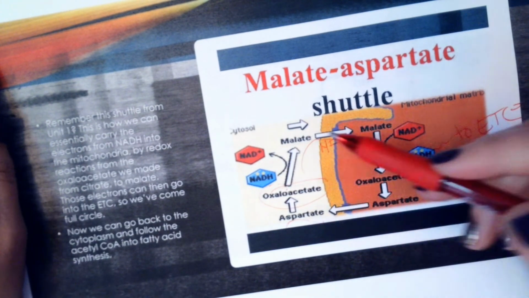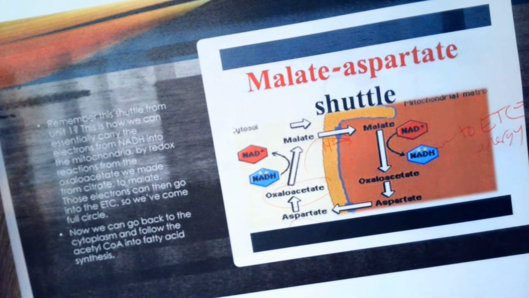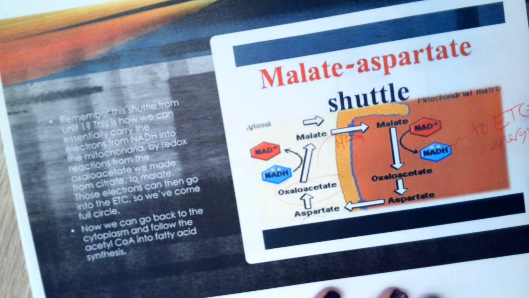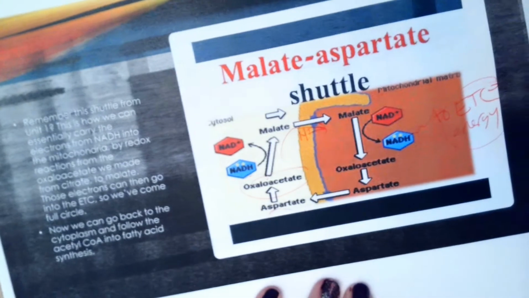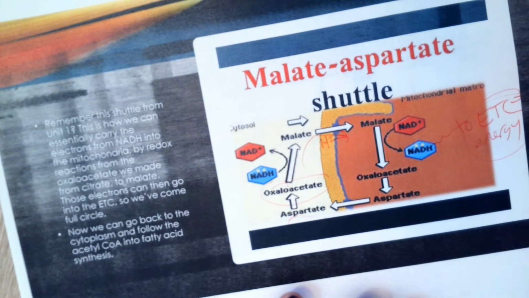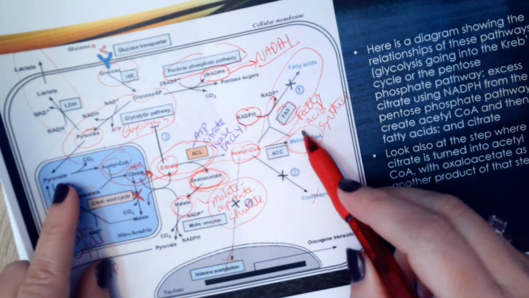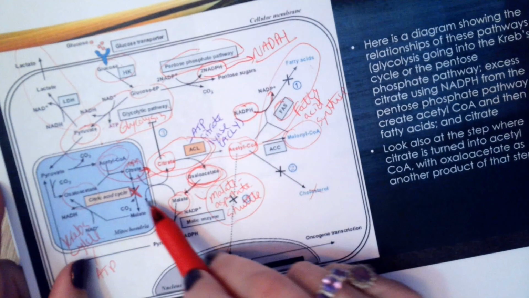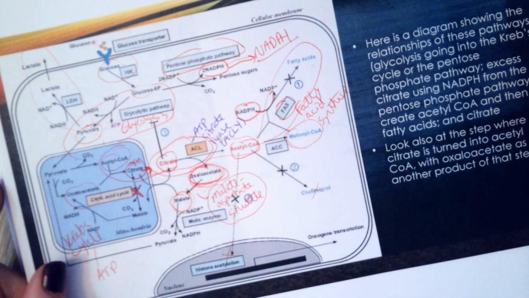And then the Krebs cycle would start to ramp up again as we start to run low on citrate. But we have like a little way of getting our energy production started again. So we're just kind of switching from fatty acid synthesis back into running the Krebs cycle and energy production.